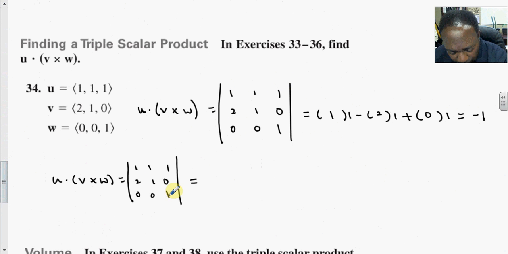So here this would be positive 1 times that 1, if I expand along here for this 1 in the third row, the third column.